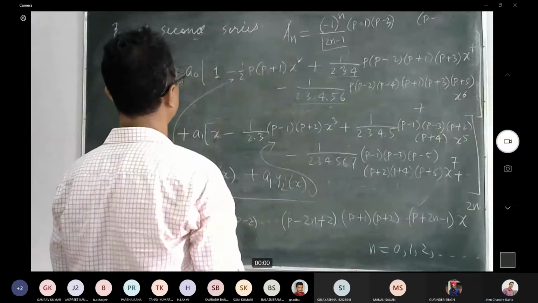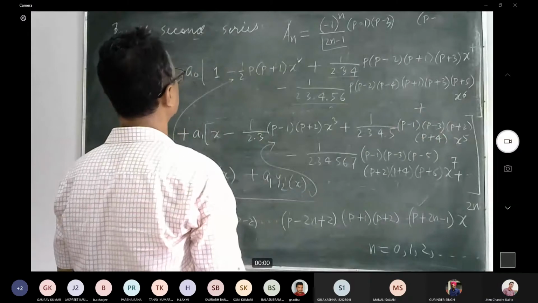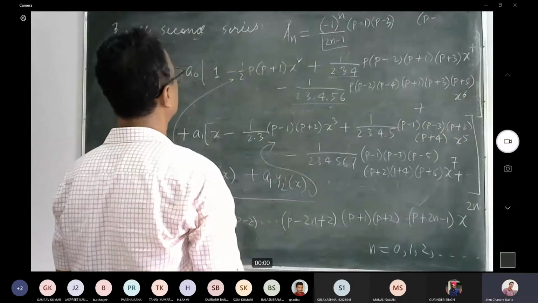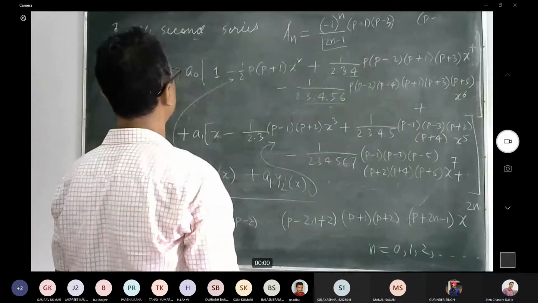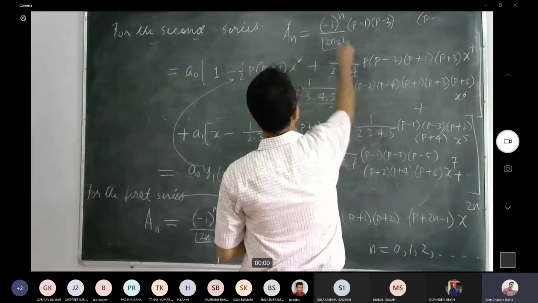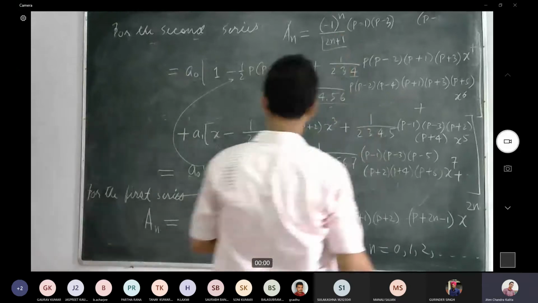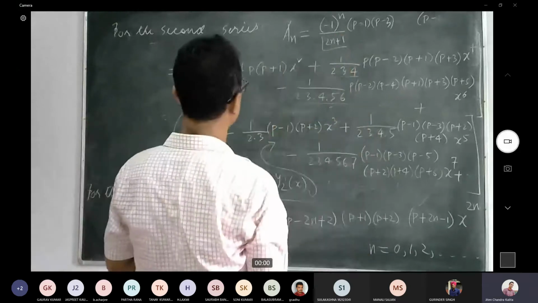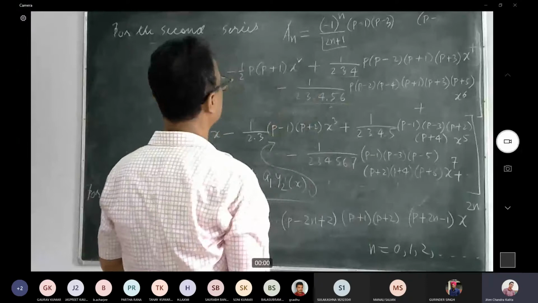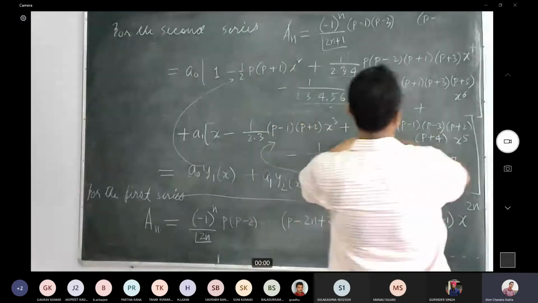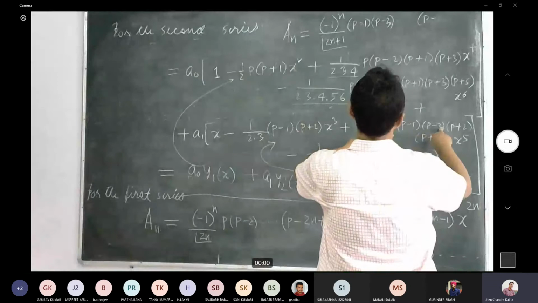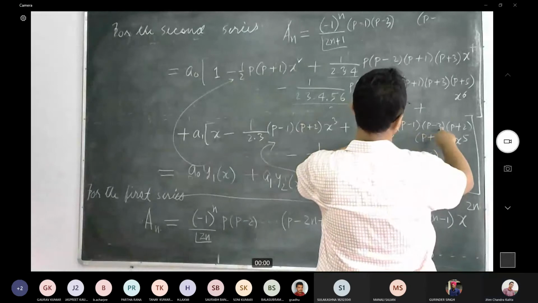Then this is going to be 2n plus 1, and 3 is again going to be 2n plus 1.